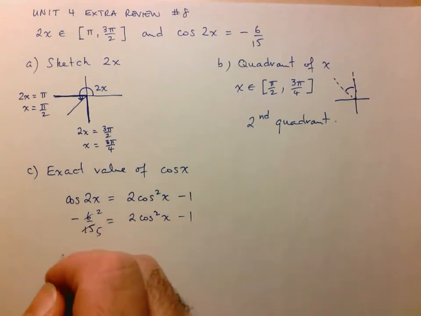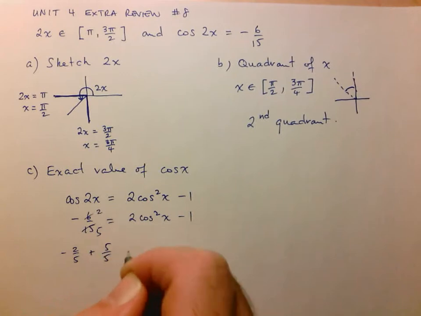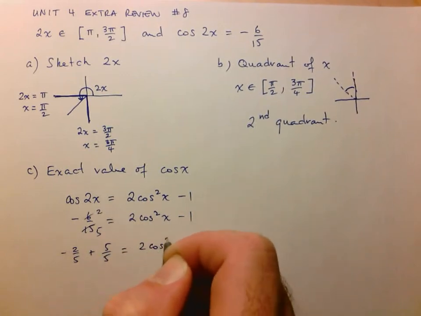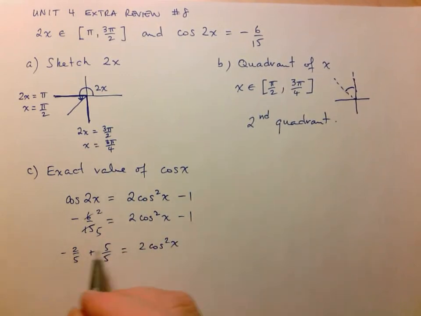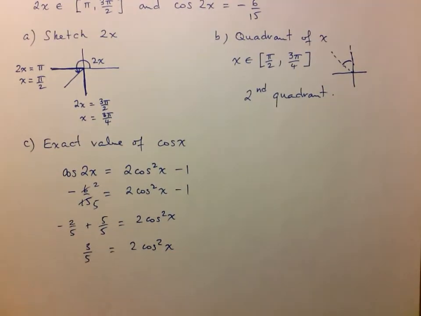Okay, so let's add 1. So we've got negative 2 over 5 plus 5 over 5. So what do we have? Negative 2 plus 5 is 3 over 5. Now let's divide by 2. So that gives us 3 over 10 on the left is equal to cos squared x.